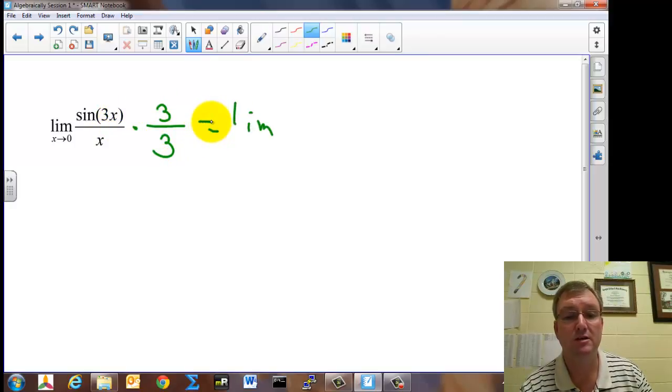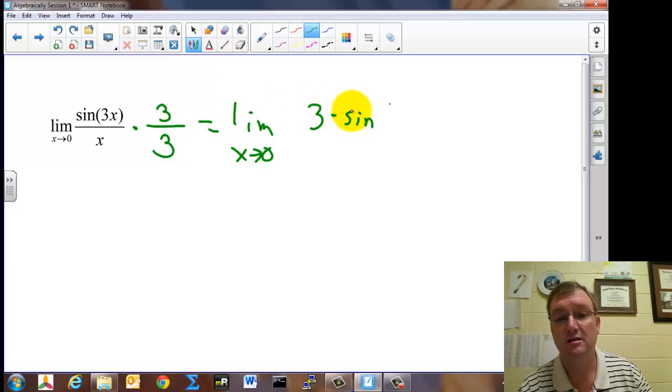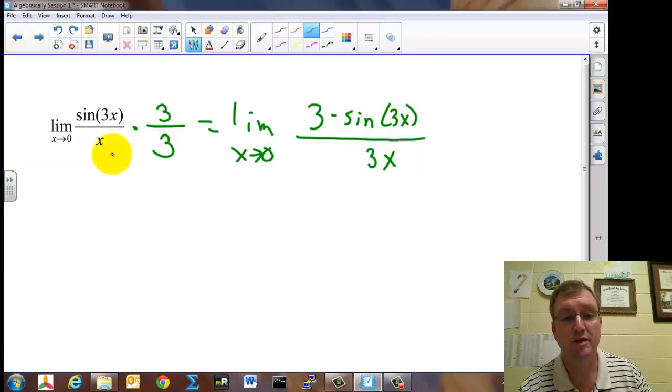We've got the limit as x approaches 0. I'm going to move this 3 out in front, times the sine of 3x over 3x, because if I multiply the 3 in the denominator by x, I get 3x.